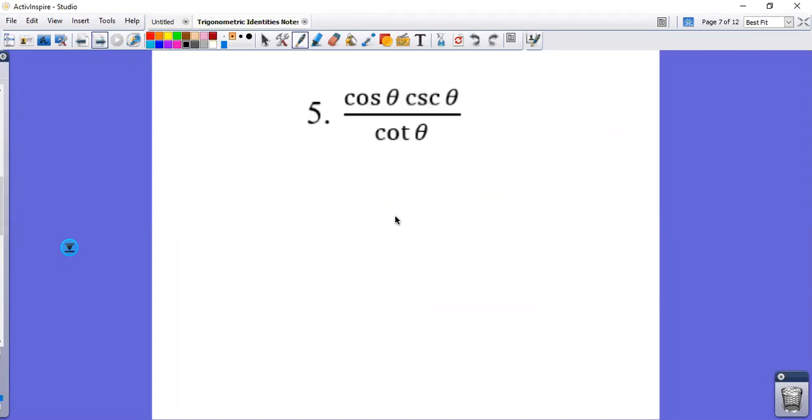All right. So number 5, back to just one fraction. So I have 3 terms, so I'm going to do it as 3 different fractions. Cosine, like I said, everything's going to be in terms of sine or cosine, so I can leave cosine. Cosecant is 1 over sine. Cotangent is cosine over sine.